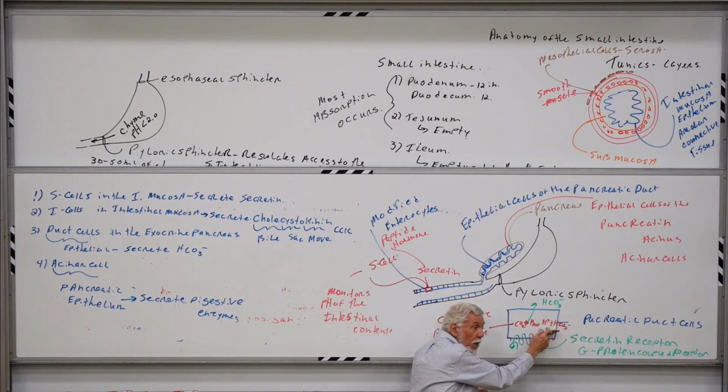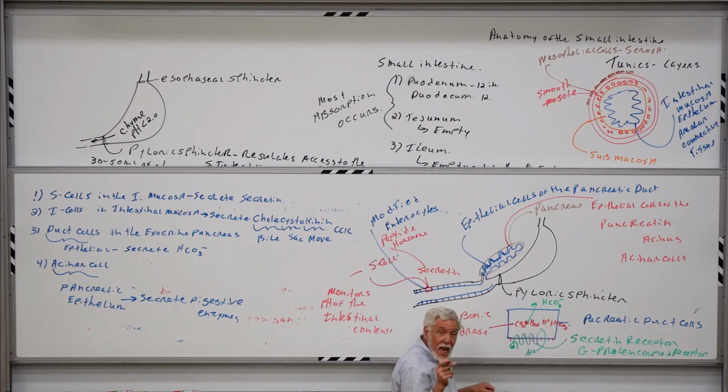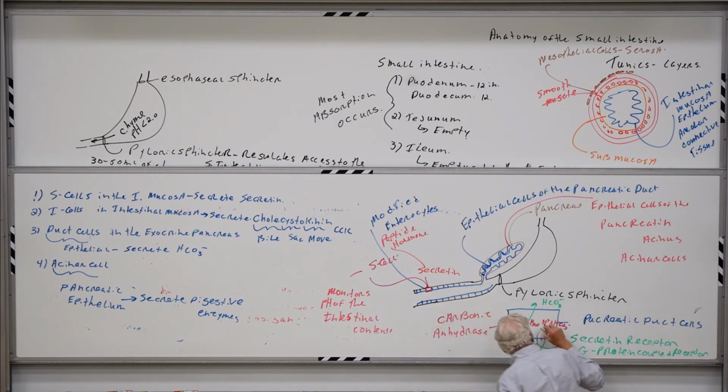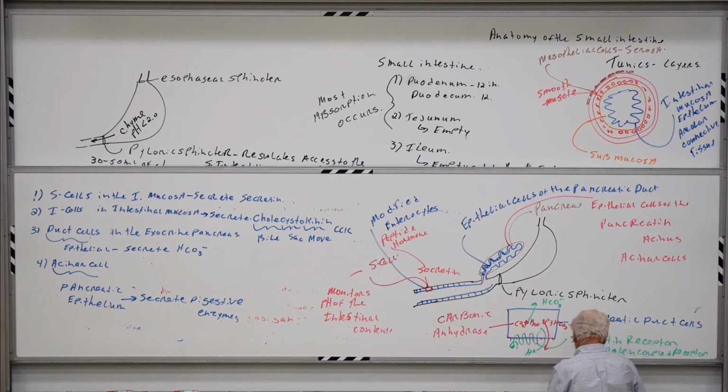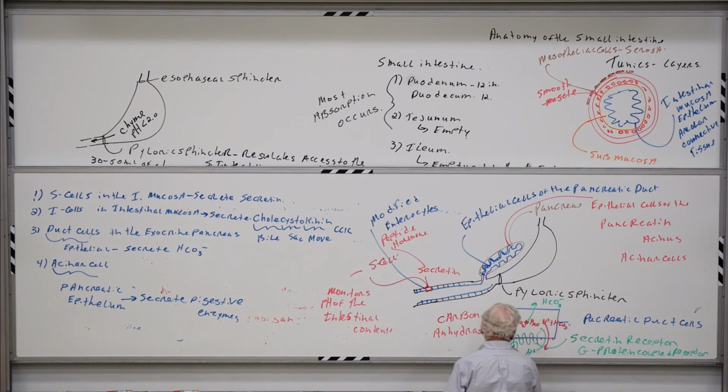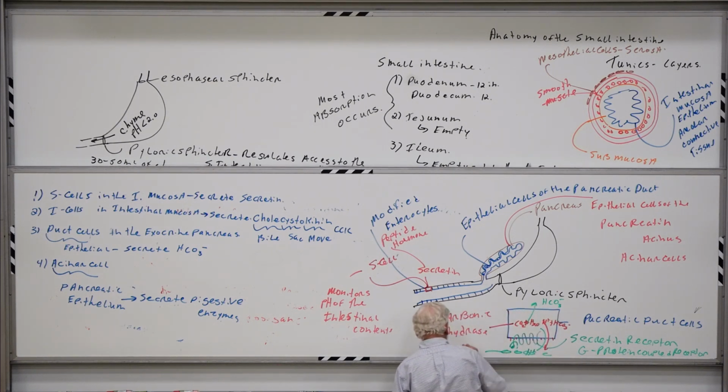Same story as we saw yesterday in the parietal cell, same story as we saw in the erythrocytes in the lung. But now what we see different today from what we saw yesterday is the hydrogen ion goes out the basolateral side. So it goes back out into the blood vascular compartment, because remember, down along this basilar side will be a series of capillaries. This is a capillary.